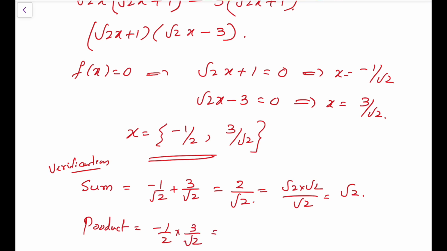Product: minus 1 by root 2 into 3 by root 2. So it is minus 3 by 2.